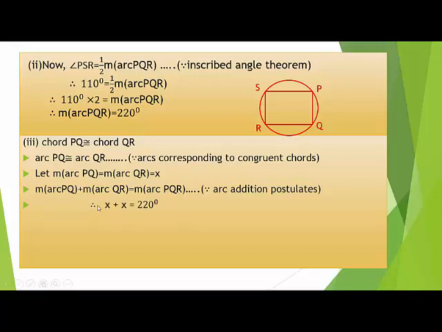After putting in the values, we get the new equation x plus x is equal to 220 degrees. By addition, 2x is equal to 220 degrees. By simplifying this, x is equal to 110 degrees. So measure arc PQ is equal to 110 degrees and measure arc QR is equal to 110 degrees.